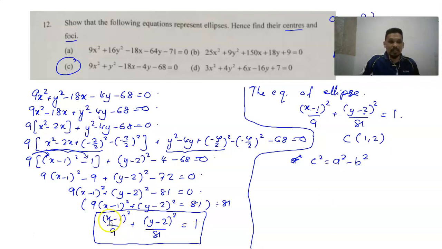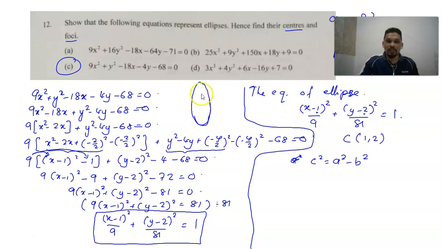So right now, look at this equation: A is 81, B is 9. A is greater than B, and A is under Y. So this is going to be a vertical ellipse.